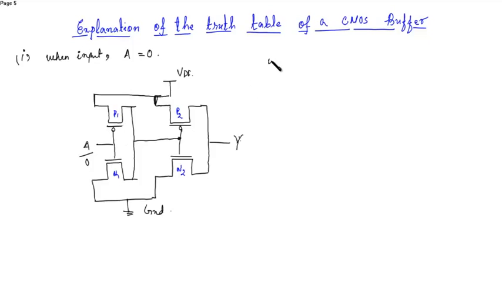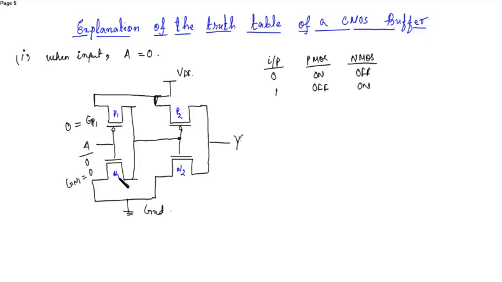As we know, if the input is 0, then the PMOS will turn on and the NMOS will turn off. If it's 1, PMOS will turn off and the NMOS will turn on. So over here, when A is 0, at the gate of P1, that is GP1, we get 0. At GN1, we get 0.